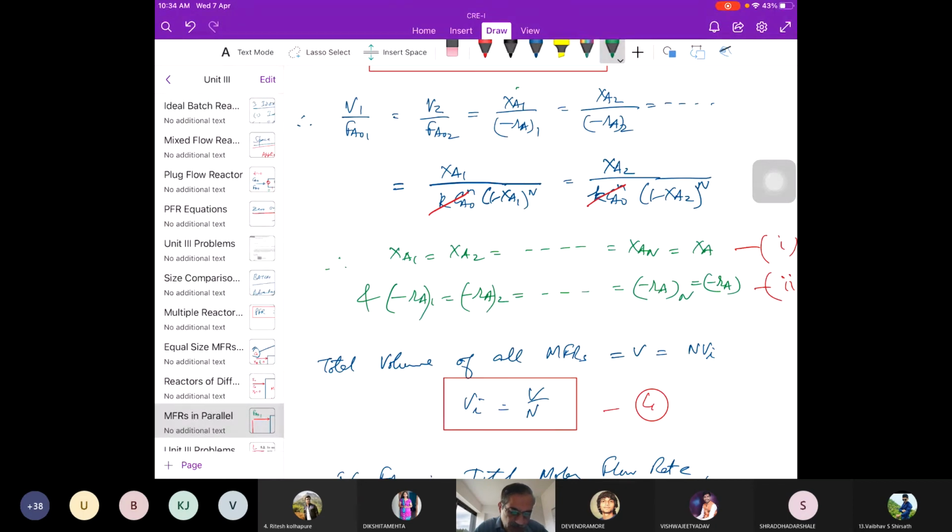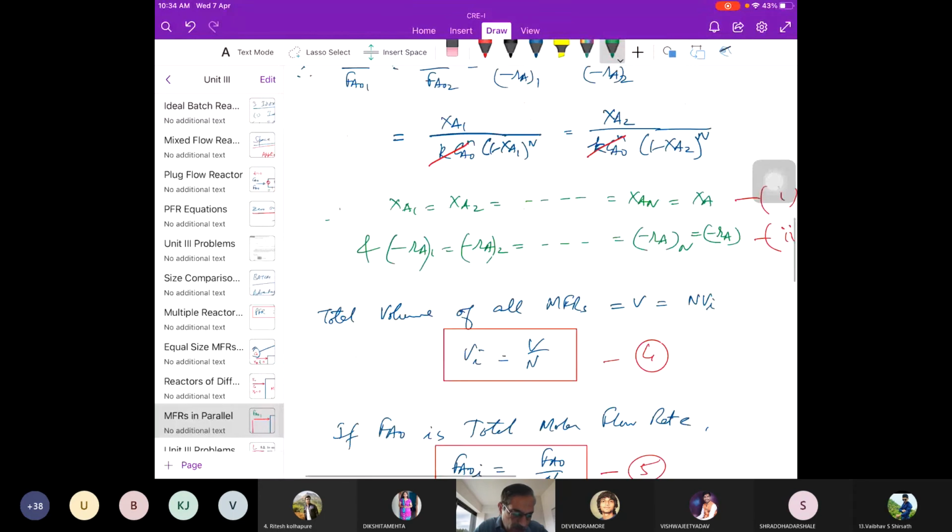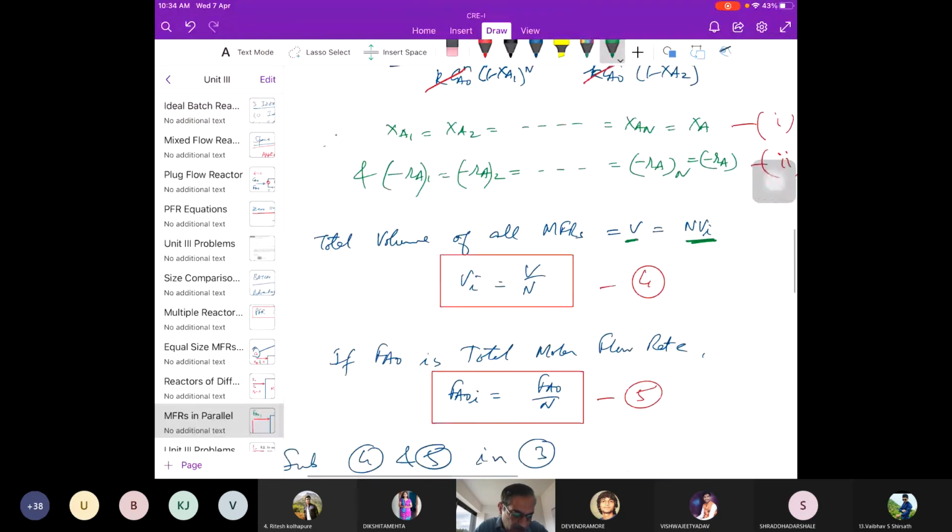Okay, so if you want same conversion, because ultimately you want same product from each of the MFRs in parallel, so we have to keep the same conversion for each reactor. That will happen only when the rate is same. So volume of all reactors, total will be V, which is nothing but N into VI, right?